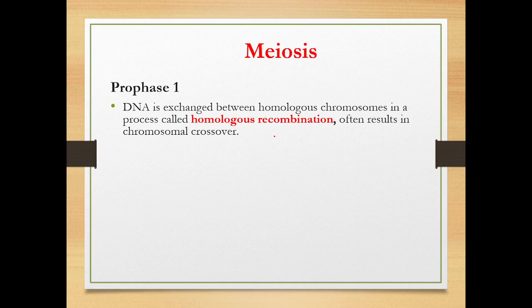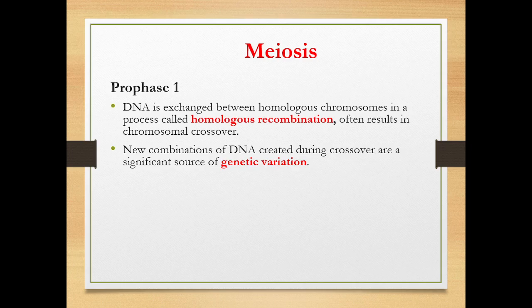So when you talk of chromosomal crossover, there is the exchange of DNA between the homologous chromosomes, and this happens at prophase 1. The other thing you need to understand is that the new combinations of DNA created during crossover are a significant source of genetic variation.